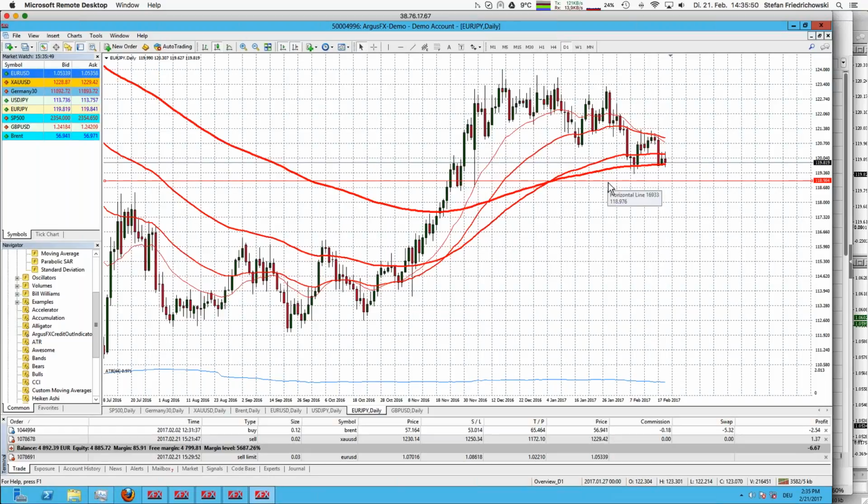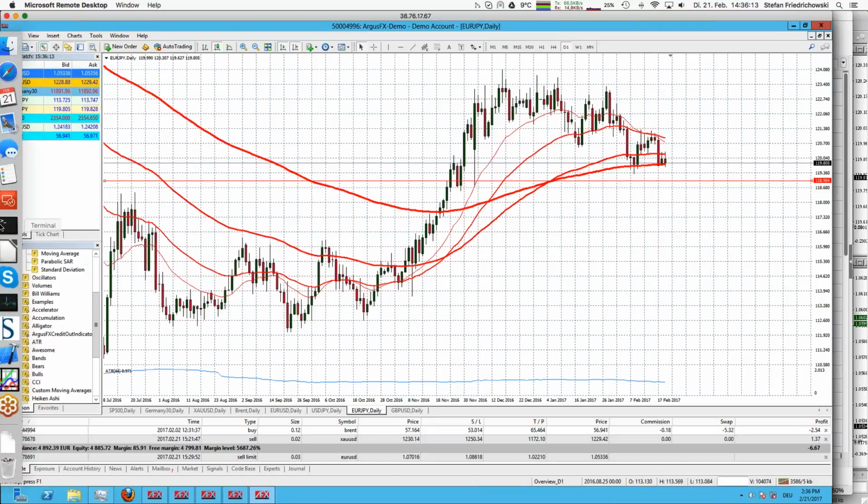So the number for stop loss would be 118.984, and the actual price right now is 119.817. And let's calculate the trade here into the long direction.